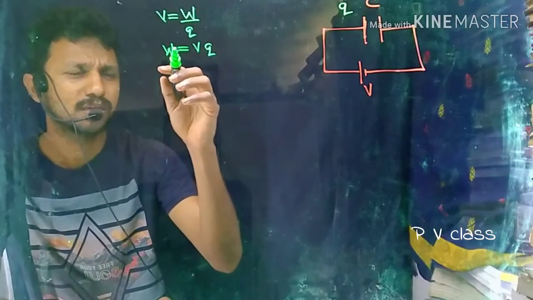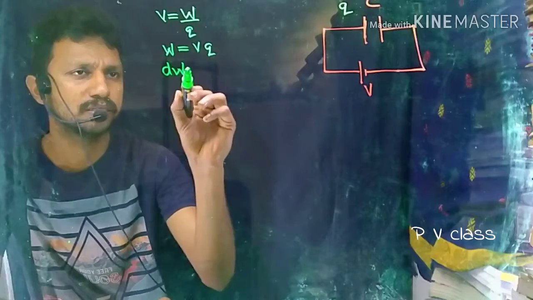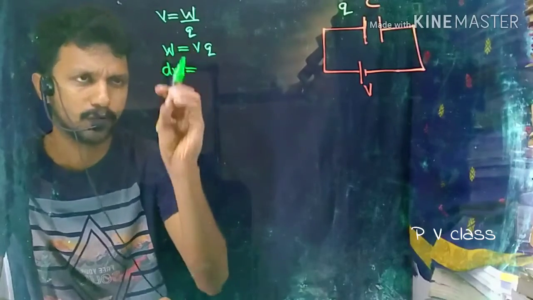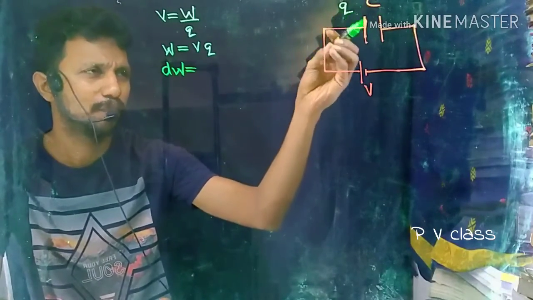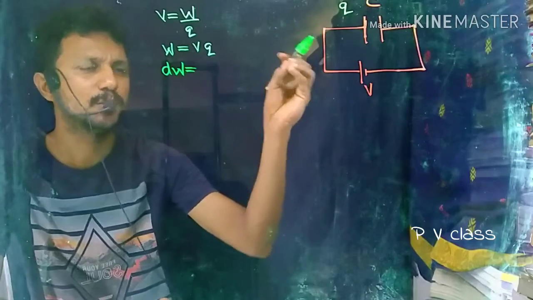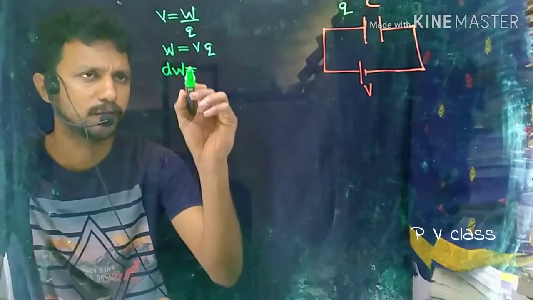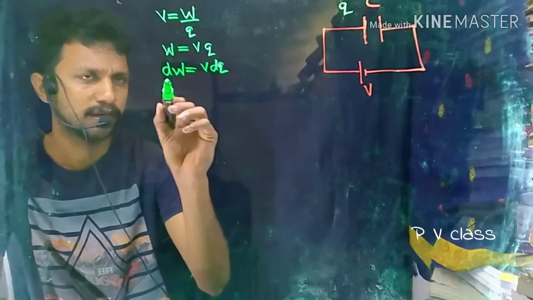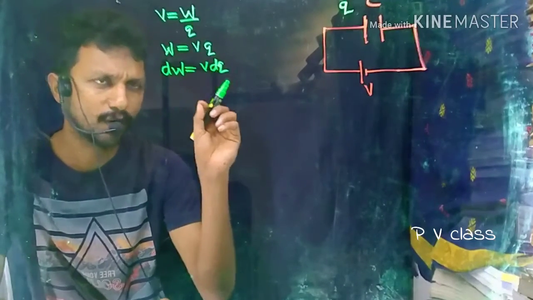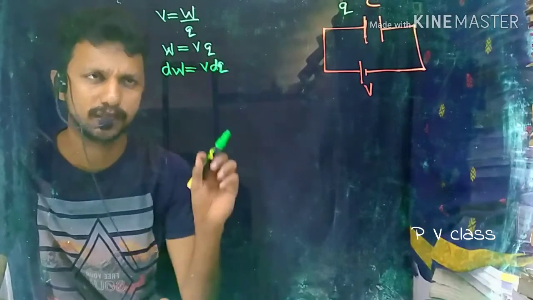We are considering the small work done, that is dW is the small work done in charging the capacitor by an amount of dQ. That is, since V is equal to W by Q, I could write dW is equal to V dQ.